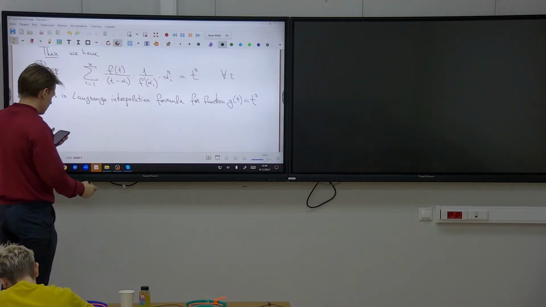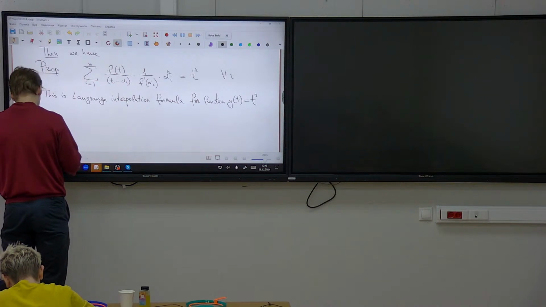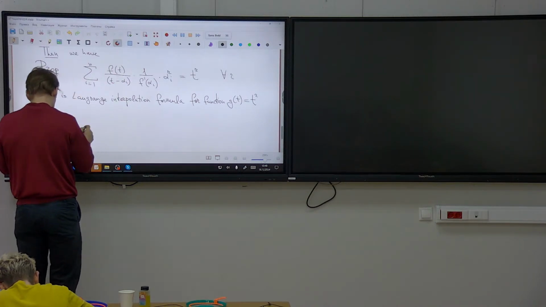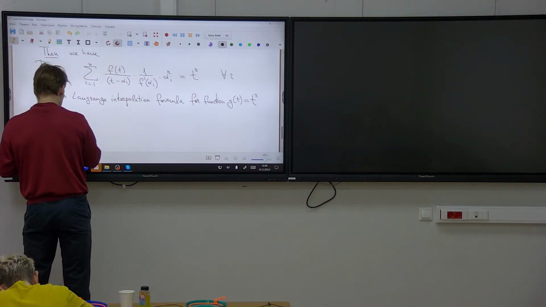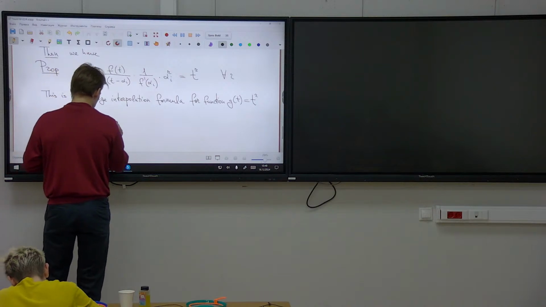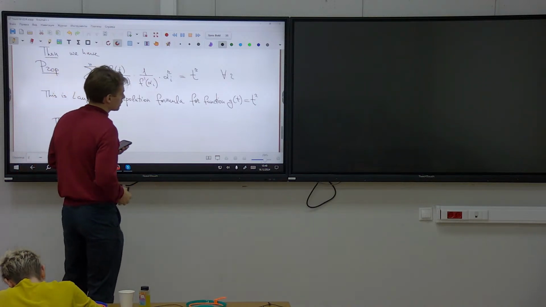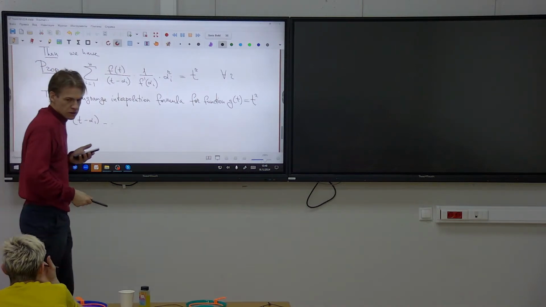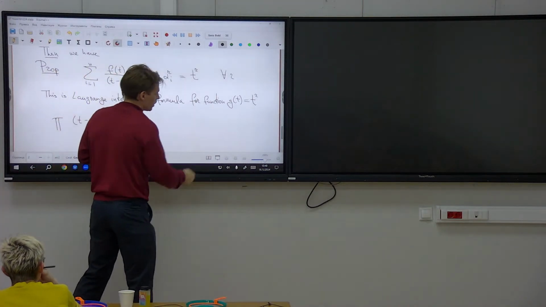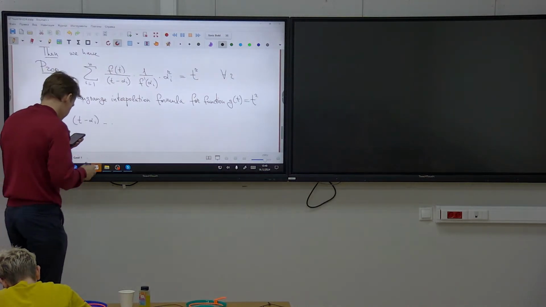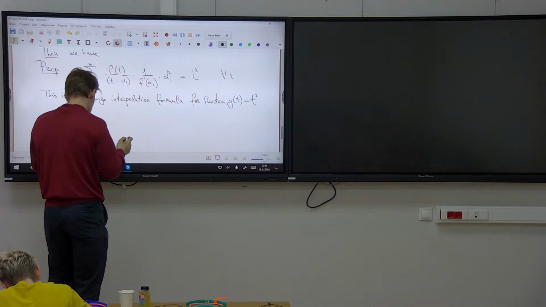Let me recall how it really looks, and we shall see that this is precisely what we need. This is the formula that tells you how to interpolate any function by a polynomial having the same values at the points.